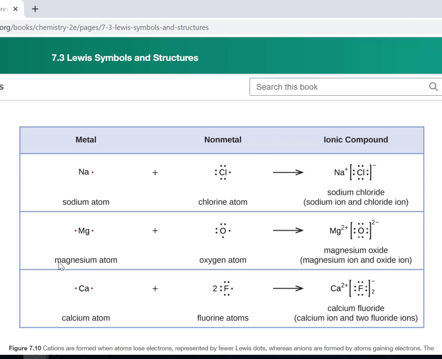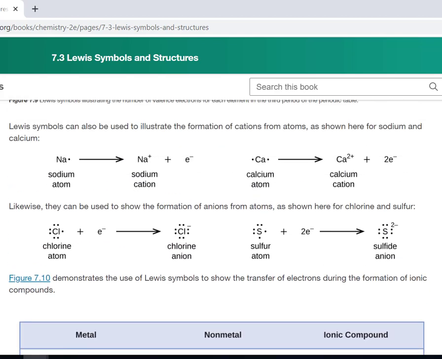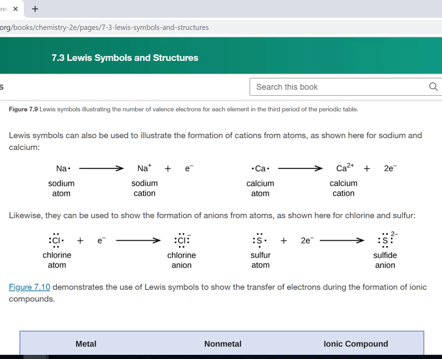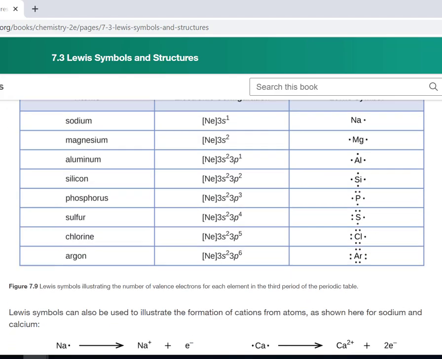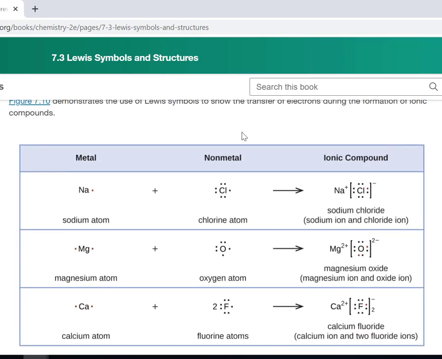If this is helpful to reestablish those ideas, please use that. I might ask you to do something like what we're showing up here with these just gaining or losing electrons, or definitely drawing a Lewis symbol. But if you can do this without going through this movement of electrons, then that's fine to do so.